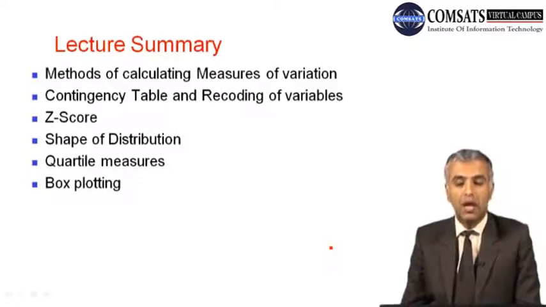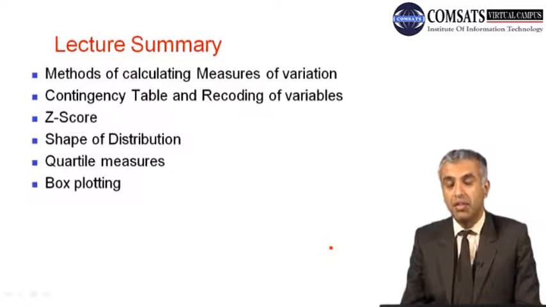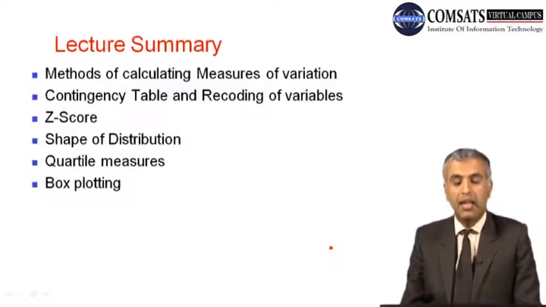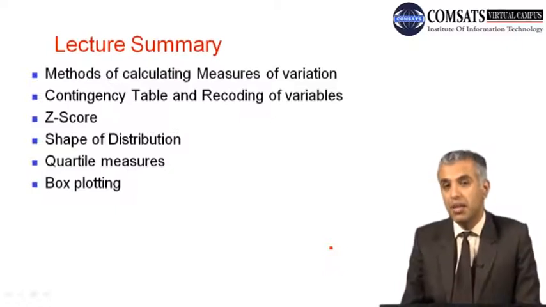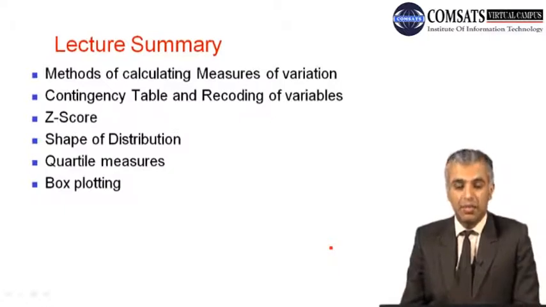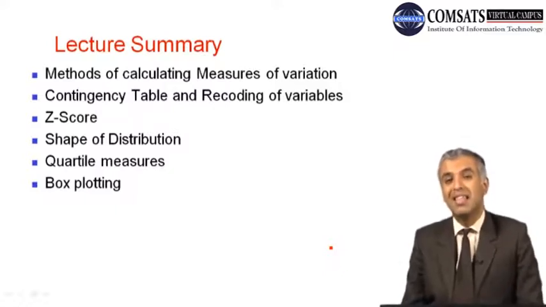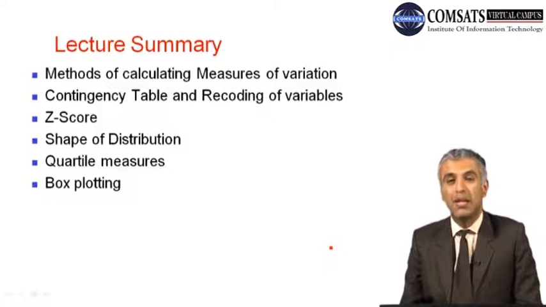Then we went through how to recode different variables into different forms, how those recoded variables can be used to display a contingency table, and how to use different measures of variation in a contingency table in SPSS. Then we discussed the Z-score: what it is, what its importance is, and how it can be calculated, not only manually but also in SPSS.